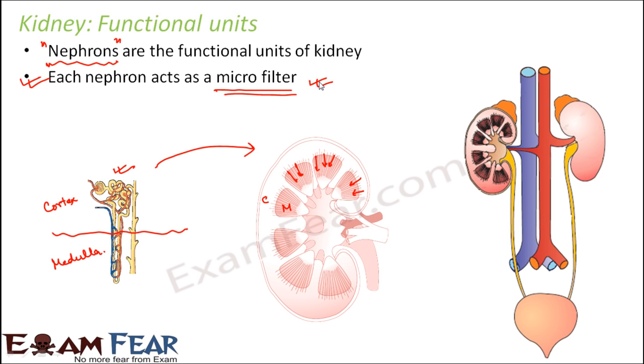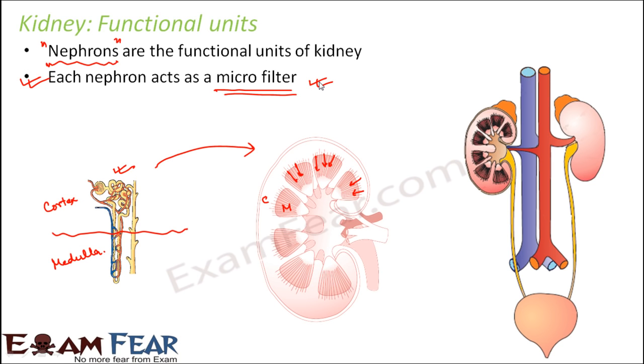Everything is present in the blood, and the blood carries them to different parts of the body. Now when the same blood reaches the kidney, it will filter the blood. It will take out all the waste materials from the blood, and then those waste materials will be excreted out in the form of urine. So in a way, each nephron acts as a microfilter.